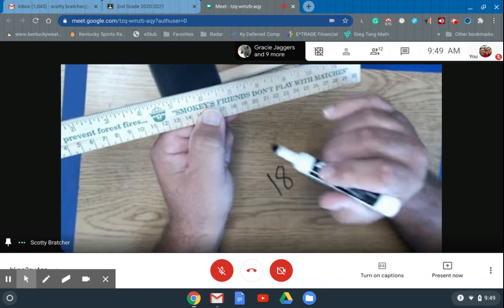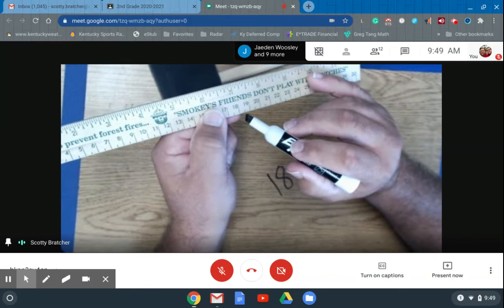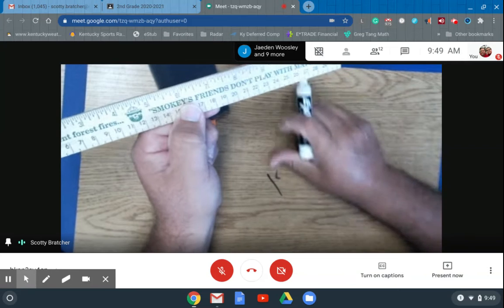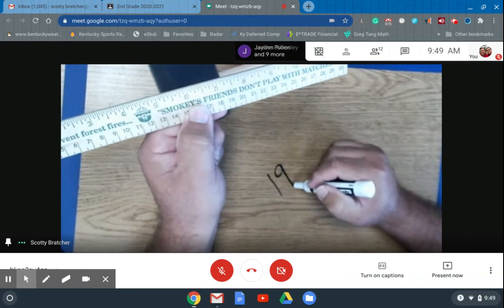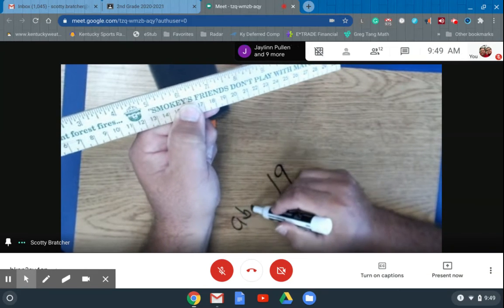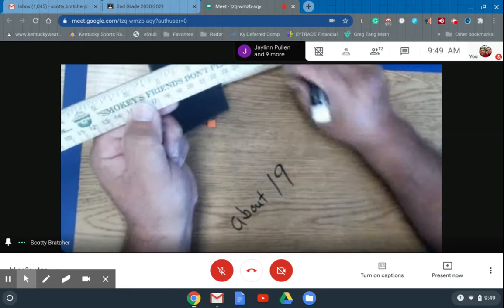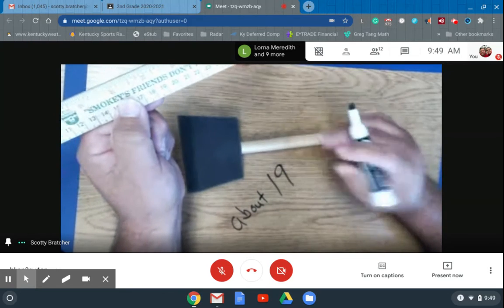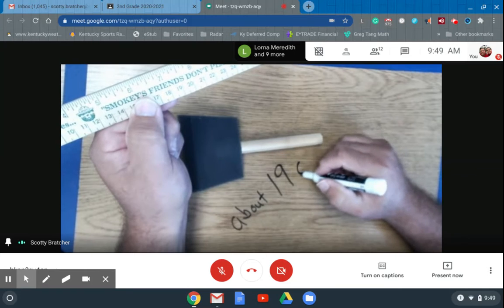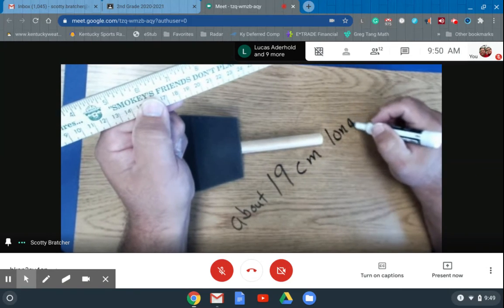But if it's right at that line or bigger, I could change it and say 19. But I have to say about. So this paintbrush is about 19 centimeters long.